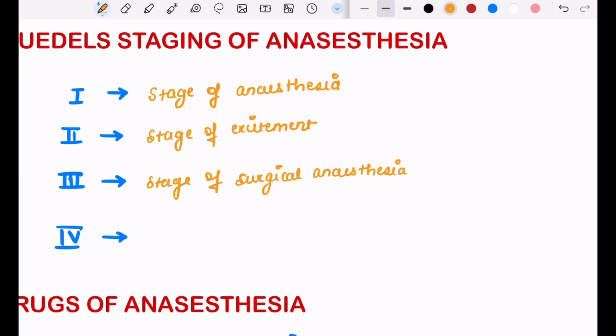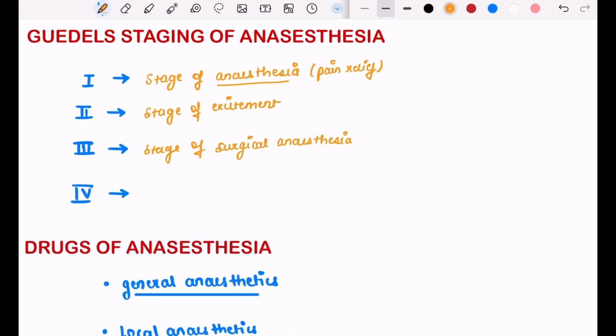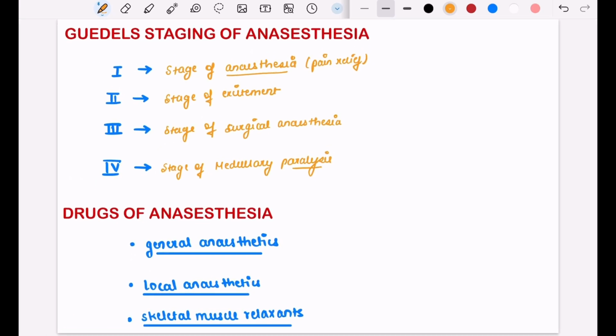Here, stage 1 of anesthesia is only for pain relief. Stage 4 is the stage of medullary paralysis. We only go till stage 3.